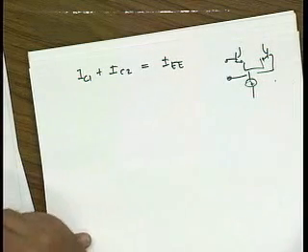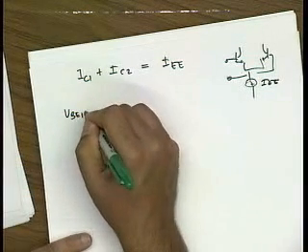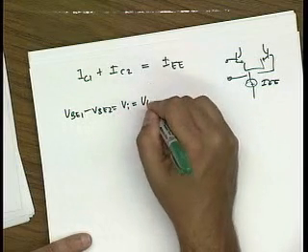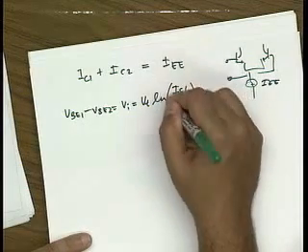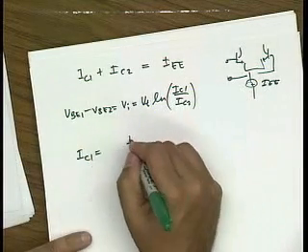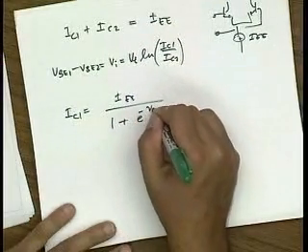Okay? And the difference between the VBEs, which is the input signal, has to be a log of IC1 over IC2. And so therefore, if I solve for IC1, it looks like this.